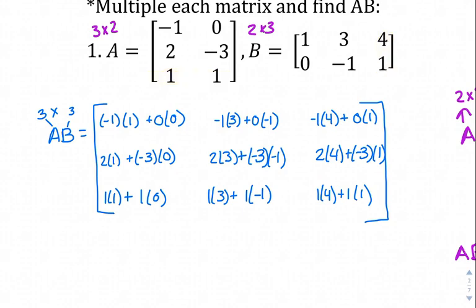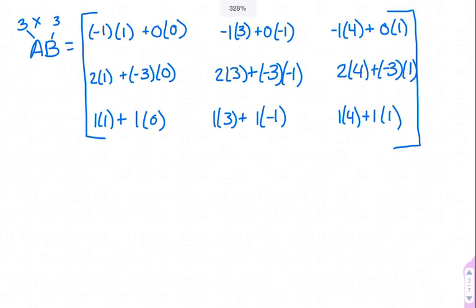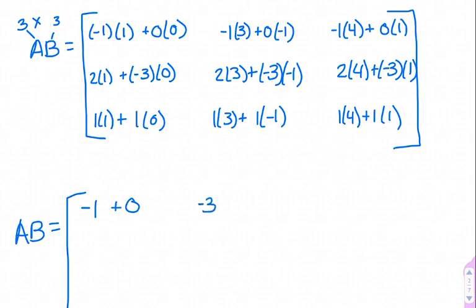Now I just simplify. So since this is star, this means no calculator, so I would simplify it step by step. So negative 1 times 1 is negative 1, 0 times 0 is 0. In row 1, column 2, negative 1 times 3 is negative 3, 0 times negative 1 is 0. And then negative 1 times 4 is negative 4, 0 times 1 is 0. And then I'm going to do that with all the other rows.